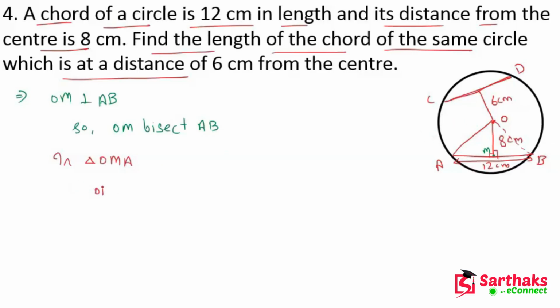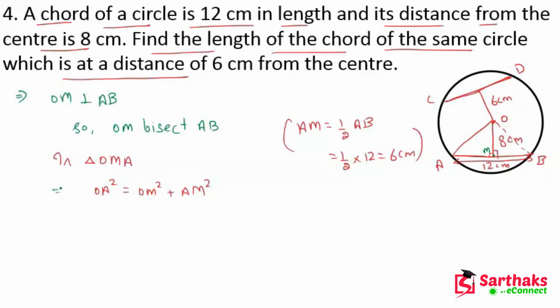So we can write OA square is equal to OM square plus AM square. Here AM is half of AB, so half into 12 is 6 centimeters. So AM is 6 centimeters.